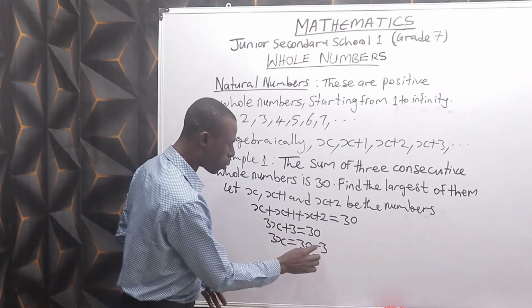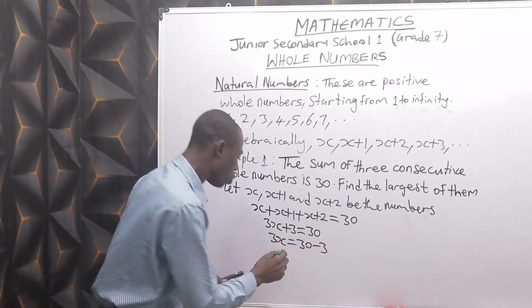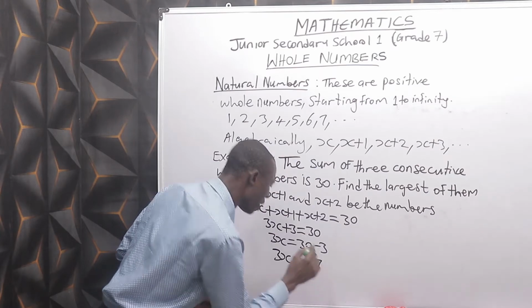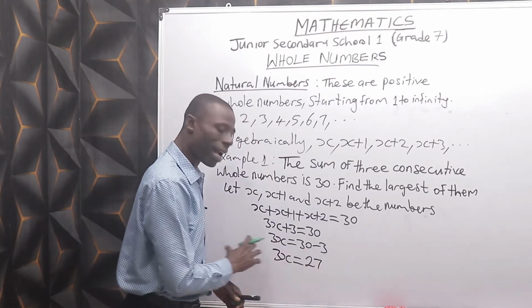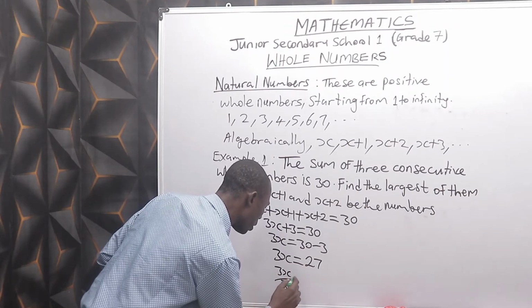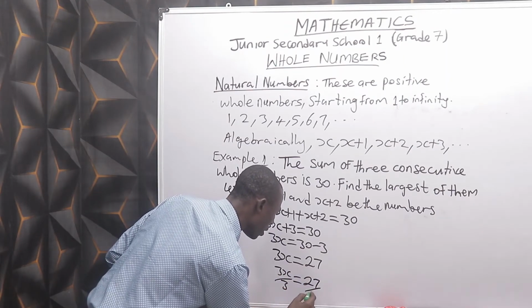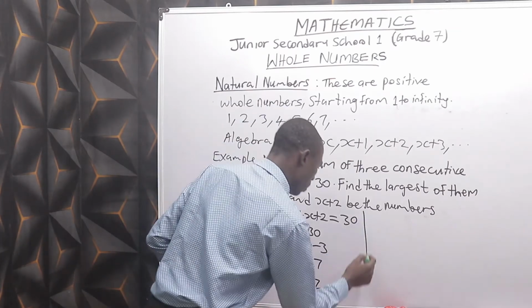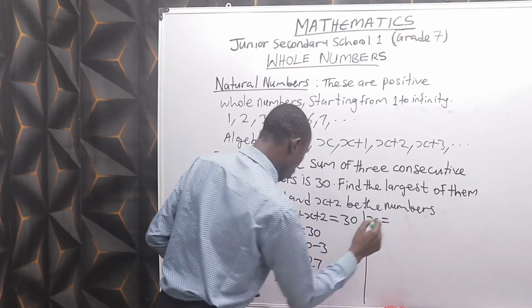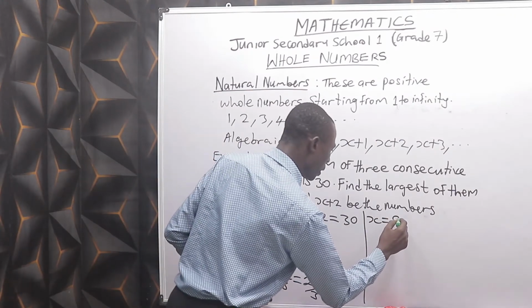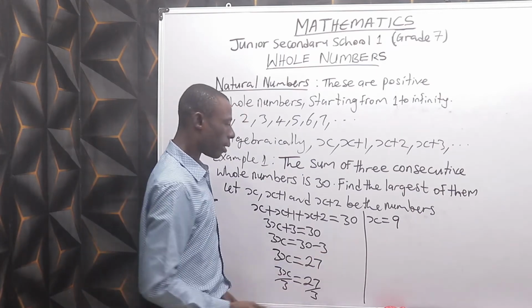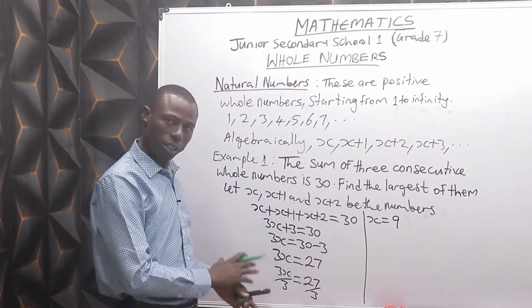From this positive, it becomes negative. So we have 3x equals 27. Dividing both sides by 3, we have 3x divided by 3 equals 27 divided by 3. I continue from this side. x is equal to 9. You can see that x is equal to 9 from here. That is the end of the solution of the equation.